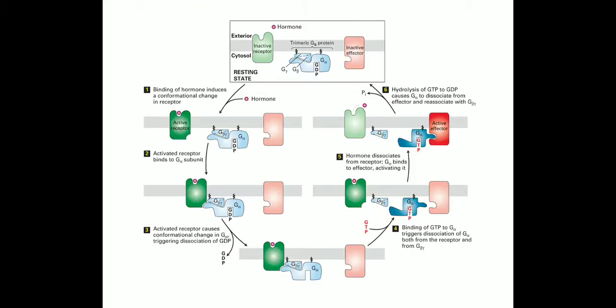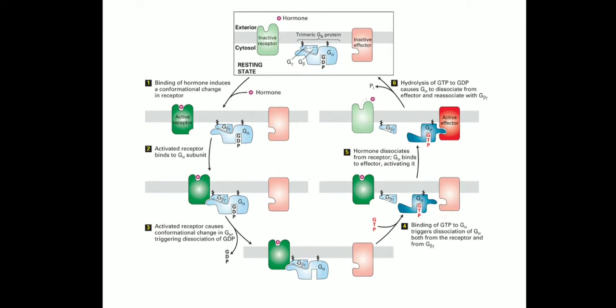These are the steps involved in GPCR activation. First, binding of the hormone induces a conformational change in the receptor. In the next step, the activated receptor binds to the G alpha subunit.